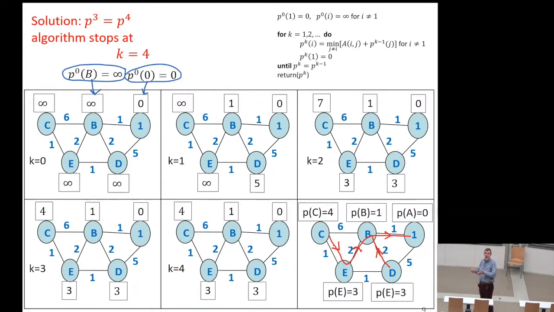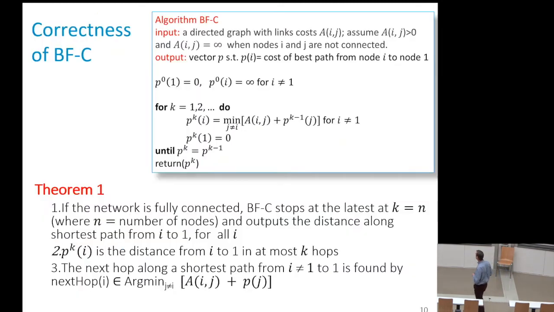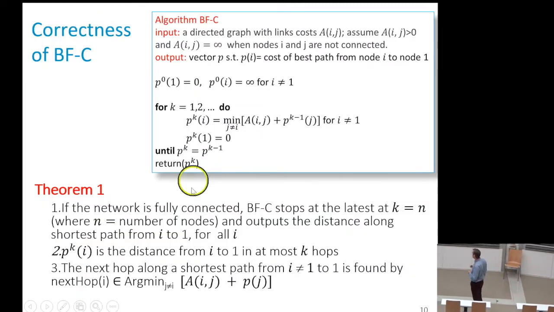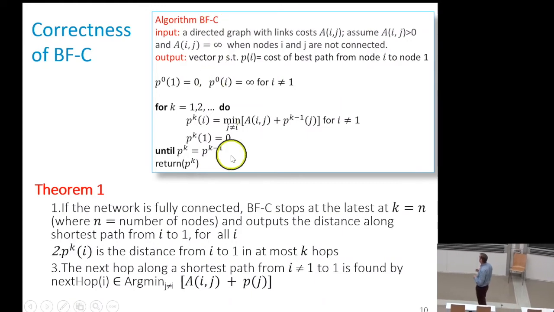And it will stop at k, which is the diameter of the network, or before. But the largest number of hops, which is at most k, so it will stop at some point, typically well before the number of nodes. Here it had stopped at k equal 4, which means at k equal 3, it had already found the correct value. Well, that is exactly the theorem that is very simple.